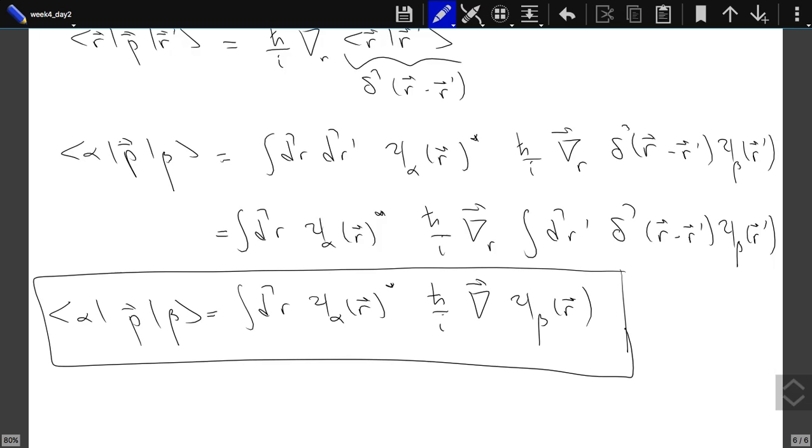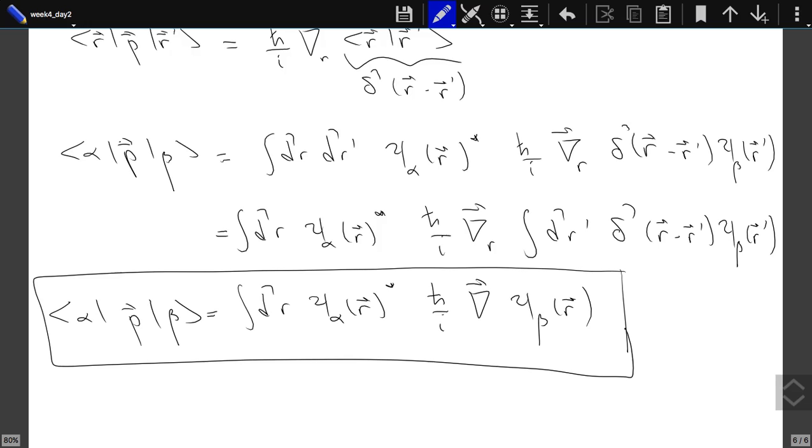Well, you see, one advantage of using the bra and ket notation is that when you work with wave functions, you implicitly assume that the number of particles is the same. So if you start with a single particle, there's only a single wave function. In this notation, it doesn't really matter.